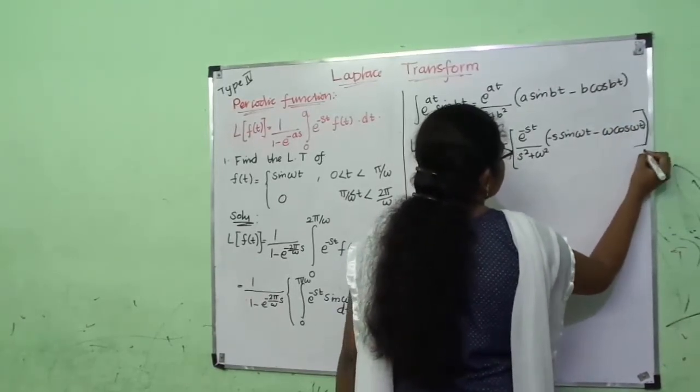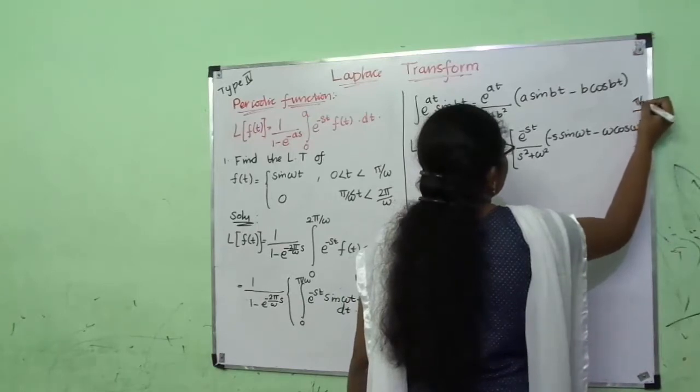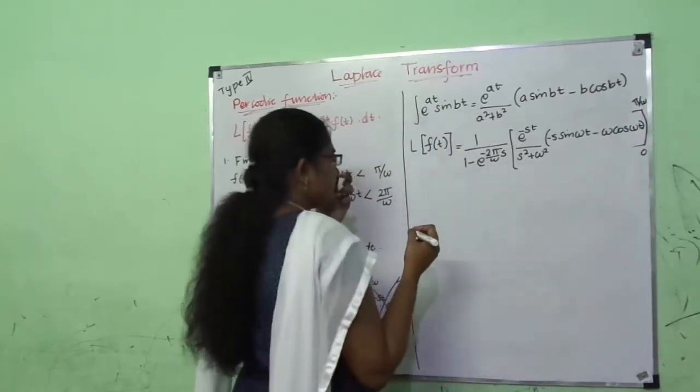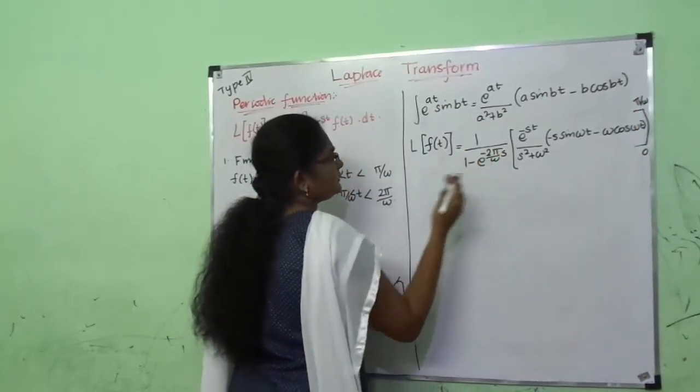The limit value is 0 to pi by omega. In the next step we are going to apply the limit value.